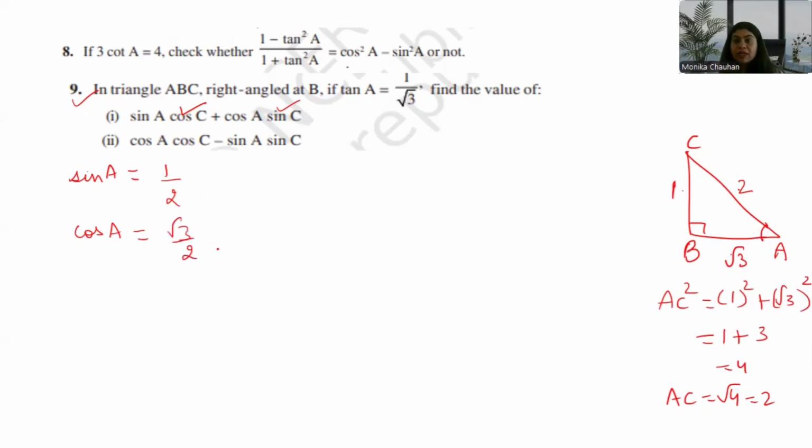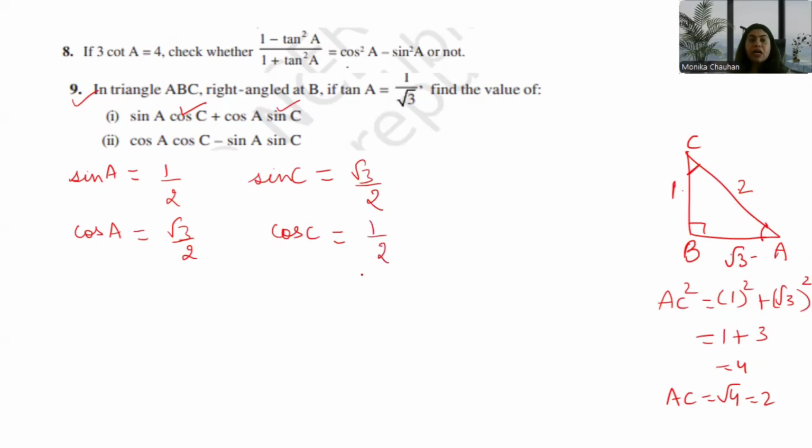So first of all, calculate separately. Next, I have sine C and cos C. Now I have to calculate with respect to this. With respect to this, my perpendicular is root 3. So perpendicular upon hypotenuse becomes root 3 upon 2. And cos C becomes base upon hypotenuse, which is 1 upon 2.